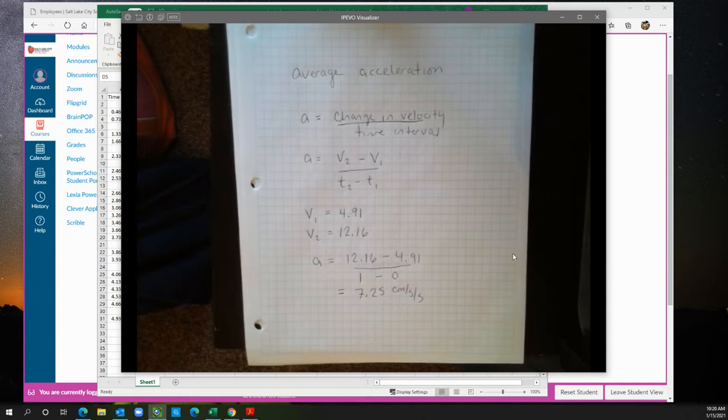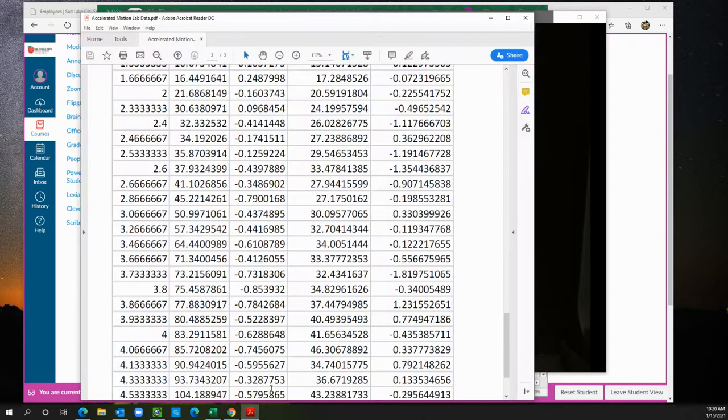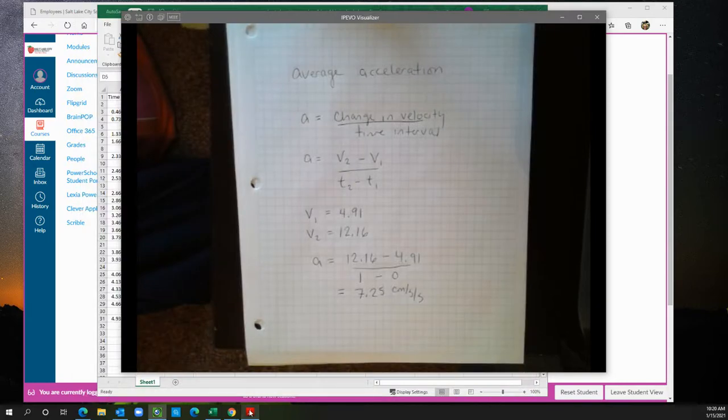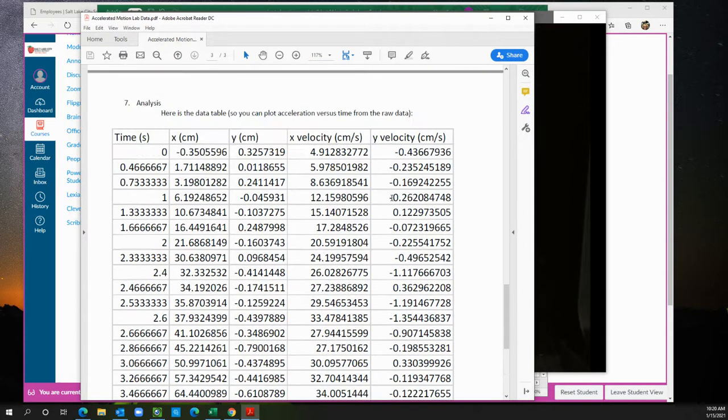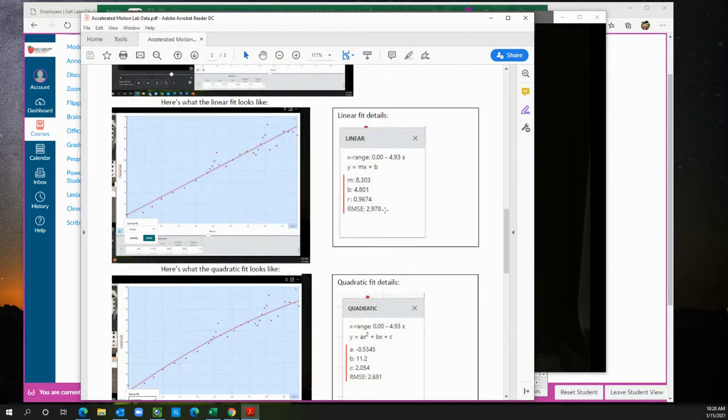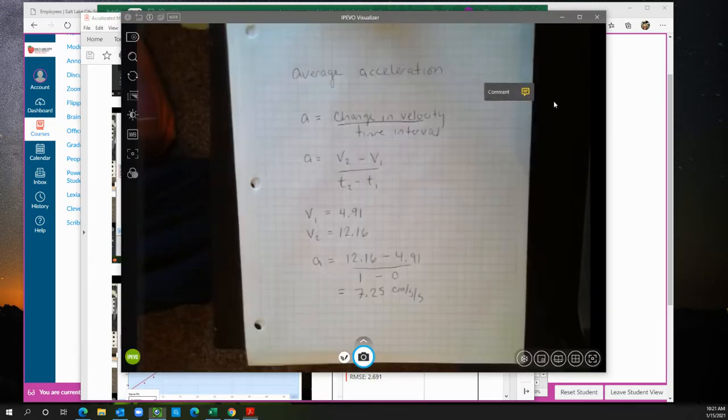That's interesting because my mathematical model for a linear fit said that the acceleration should be 8.303. So this is not horribly different from 8.303: 7.25 centimeters per second versus 8.303 centimeters per second.